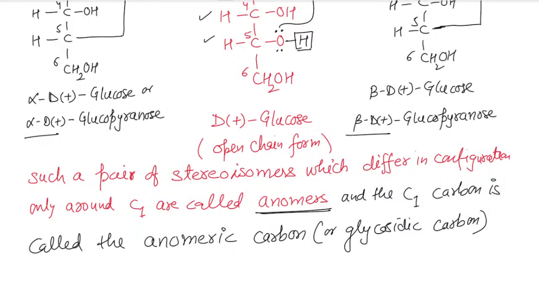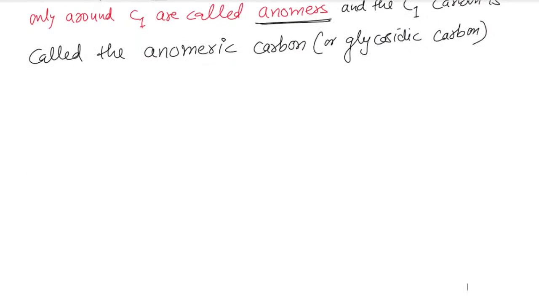It is also called glycosidic carbon. Okay. Because this C-O-C linkage is also called glycosidic linkage, right? Okay, so this is about the cyclic structure of glucose.